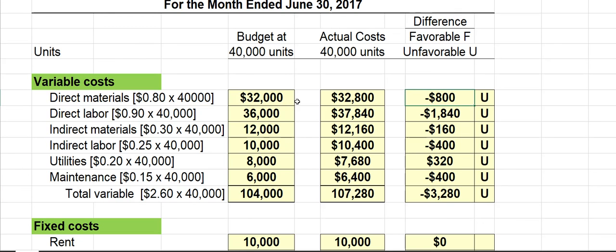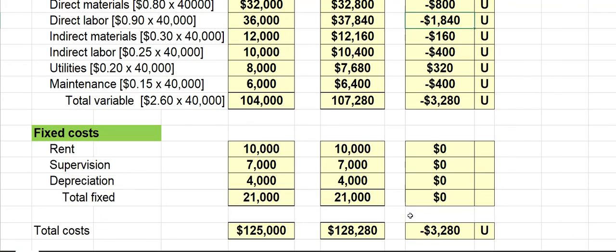So here we're comparing 32,000 with 32,800. That's unfavorable because the actual exceeded the budgeted at the 40,000 units level of activity by $800. Similarly, we have 36,000 is what we were budgeting, but we actually incurred a cost for direct labor of $37,840. So that's a difference which is unfavorable of $1,840.